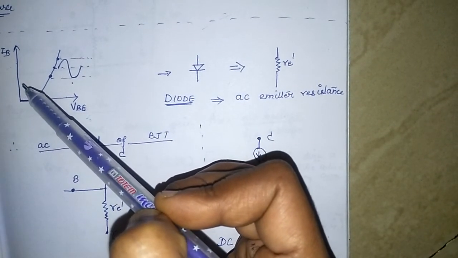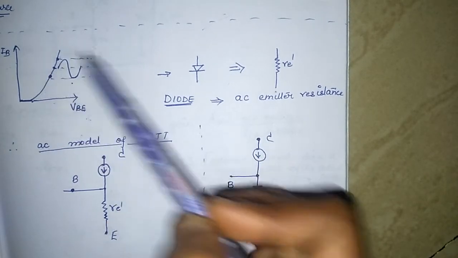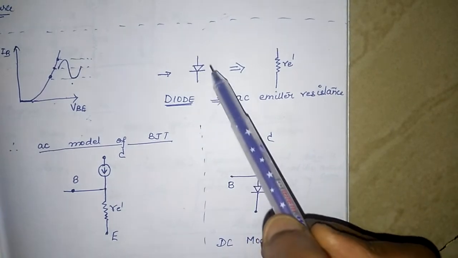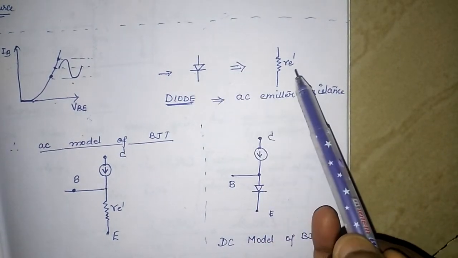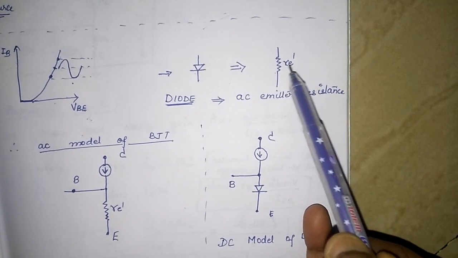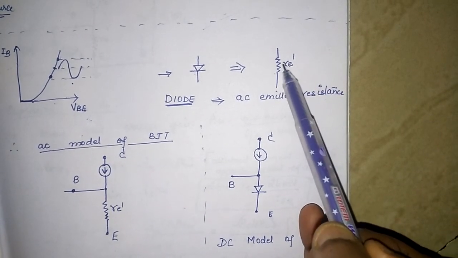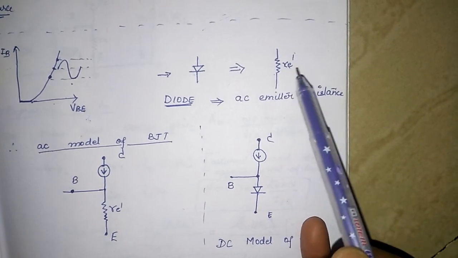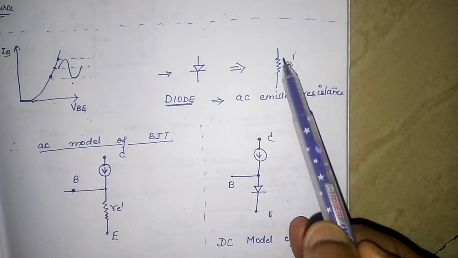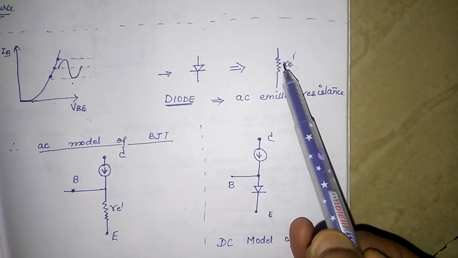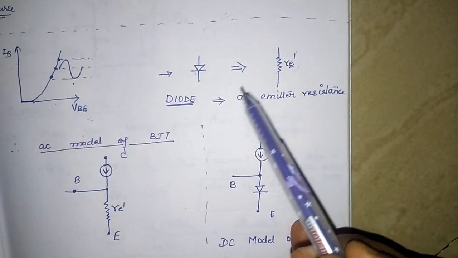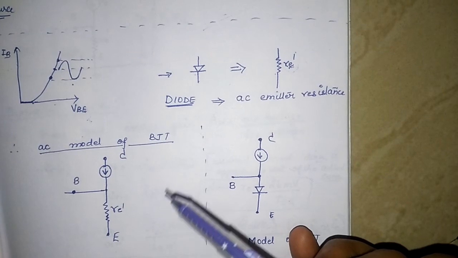According to Ohm's law, V by I is R. So the diode in the model that we studied a short while ago will now be replaced by a resistance, represented by re dash. Please note that it is in lower case. In class we have been studying that all AC quantities are represented in lower case and all DC quantities in upper case.